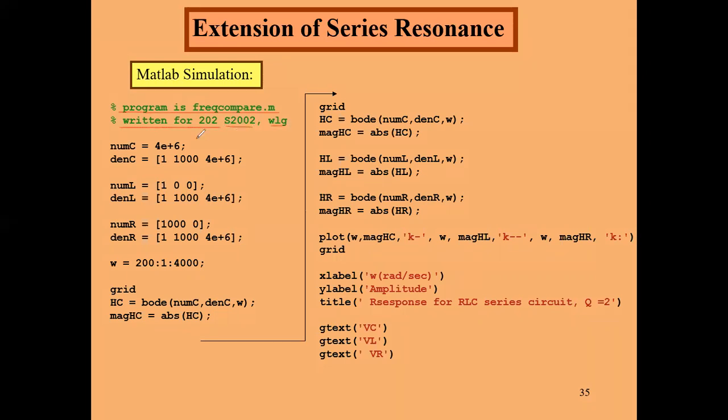Here the numerator value of the capacitor is 4 into e raised to the power 6, and the denominator value is 1, 1000 and 4 into e raised to 6. So the numerator value is 1, and the denominator value is 1, 1000 and 4 into e raised to 6.